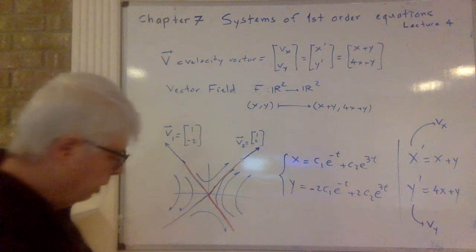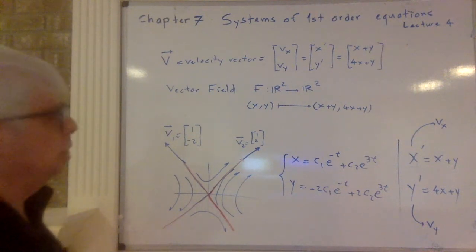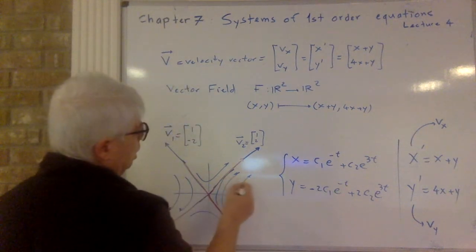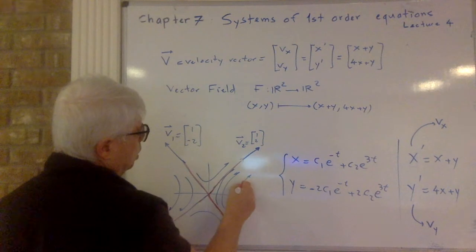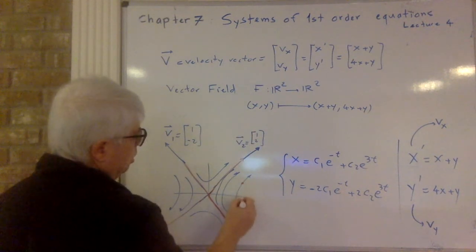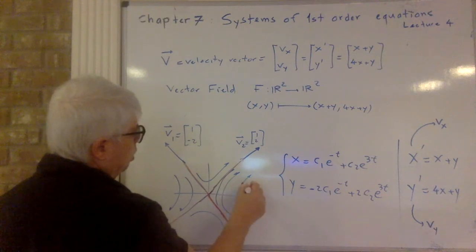And velocity is what? Velocity is tangent to the trajectory. So we know from Calc 3 that, say at this point, which has some x and y, let's say this is 3 and this is 1.